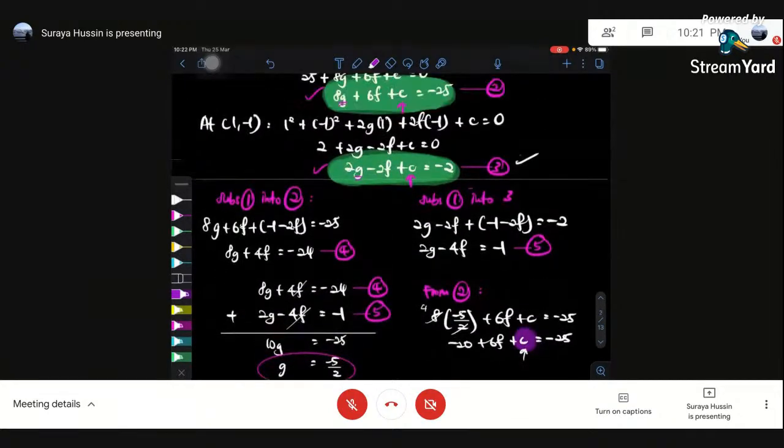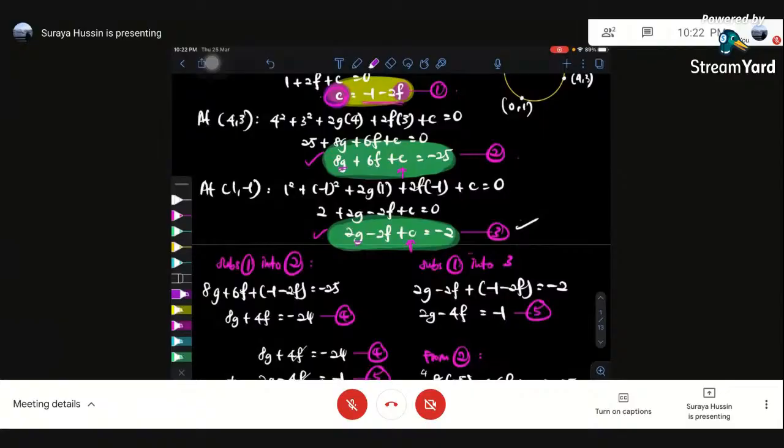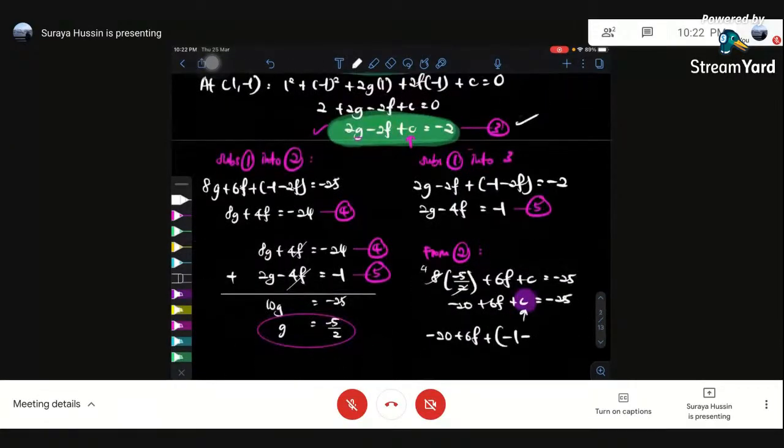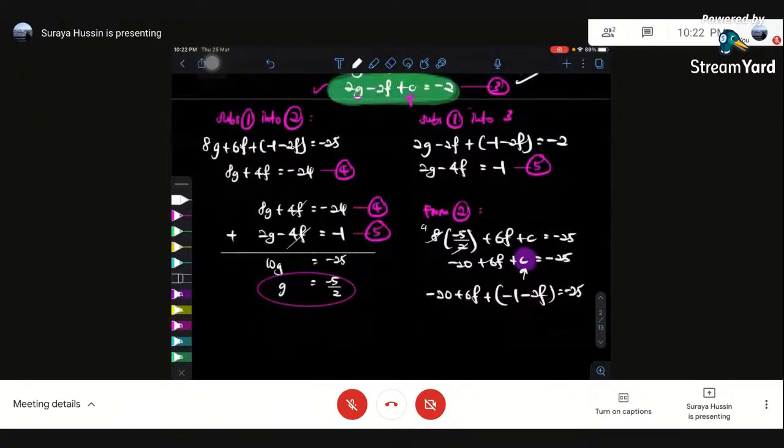In fact, c is in terms of f. So we can also use -20 plus 6f plus c, where your c is -1 minus 2f. Use your c. See, you just try and error until you get the answer. And this needs practice. You must experience a lot of practice. That's all I can say.